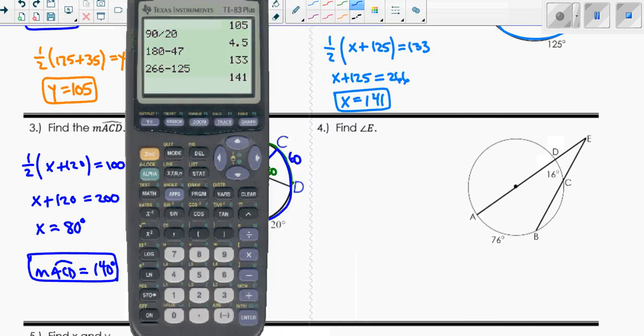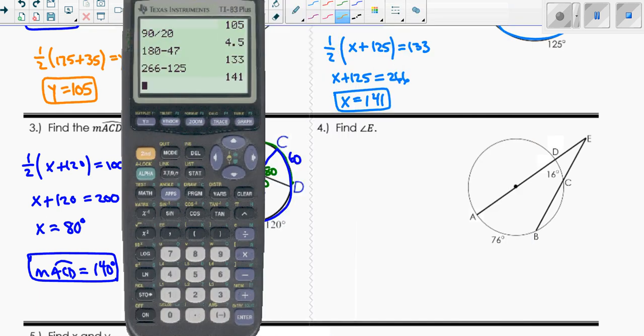All right, so number 4 wants us to figure out angle E, so I'm just going to put an X here. Notice that this angle is outside of my circle. This angle E hits this arc and this arc, so it has 2 intercepted arcs. Very similar to 1, 2, and 3, but instead of adding, since it's outside of my circle, I'm going to subtract.